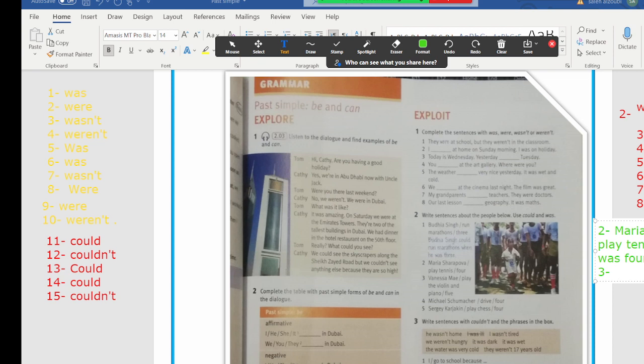Number 3. Vanessa Mae could play the violin and piano when she was 5.